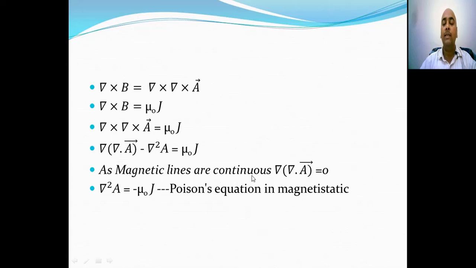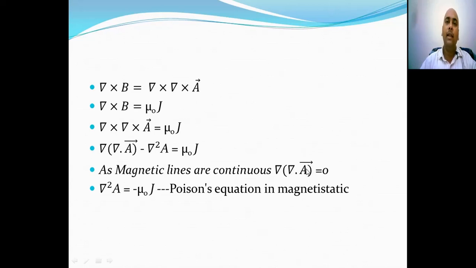As magnetic lines are continuous, that is, they start from the north pole and end on the south pole in the external environment, and go from south pole to north pole internally in the magnet, the divergence of magnetic field lines is always equal to 0.